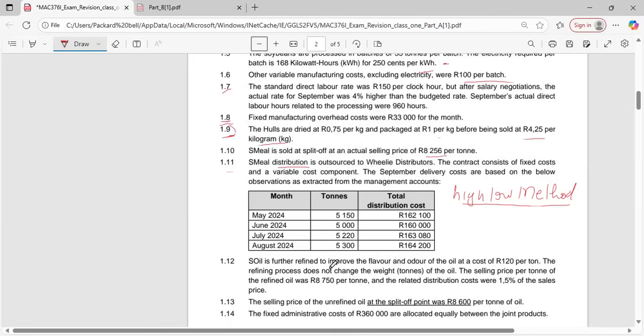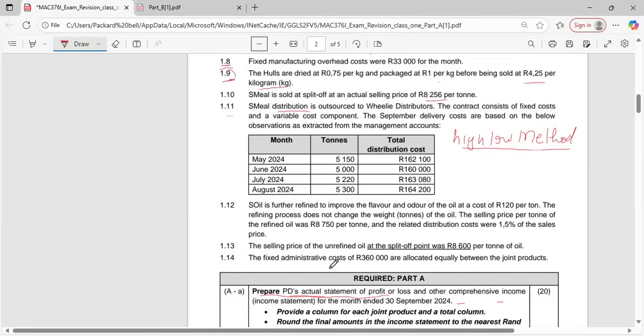Then 1.12 says S oil is further refined to improve the flavor and odor of the oil at a cost of, that's the further processing cost of S oil. Then the refining process does not change the weight. The selling price per ton of the refined oil was 8,750 per ton, and the related distribution costs were 1.5% of the sales price.